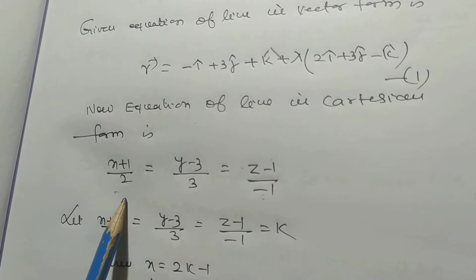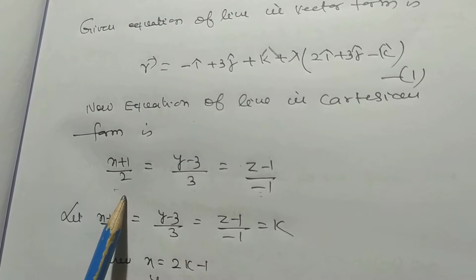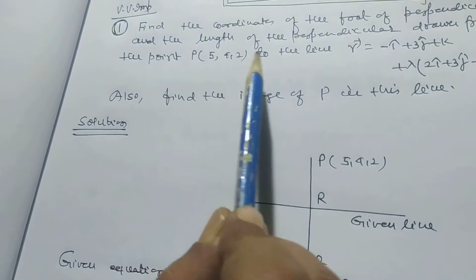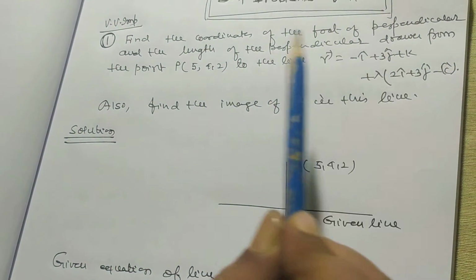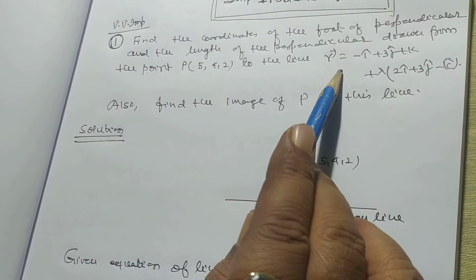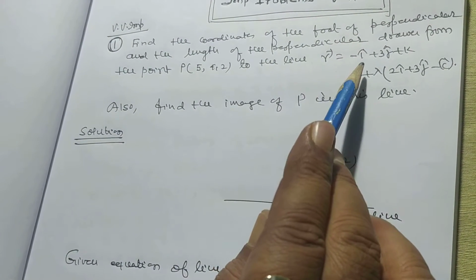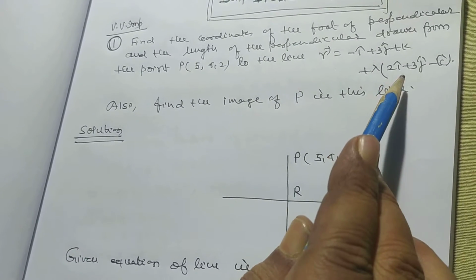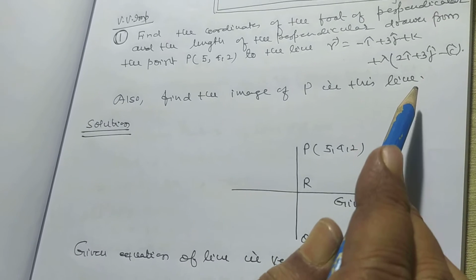And in this problem, it is given to find the coordinates of the foot of the perpendicular and the length of the perpendicular drawn from the point to the line. Vector r is equal to minus i plus 3j plus k plus lambda times (2i plus 3j minus k).